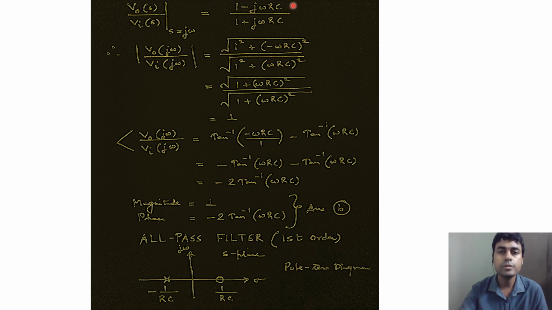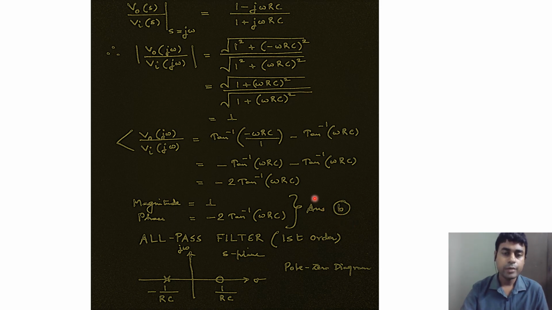So the form is similar over here. And so if we do this little algebra, this turns out to be negative of tan inverse omega RC. That's the phase of that circuit. So the magnitude is 1 and the phase is negative of 2 tan inverse omega RC. And if we look at the options, option B is the correct one.